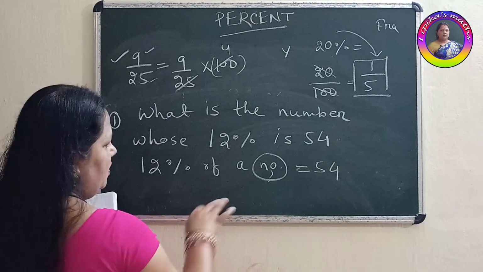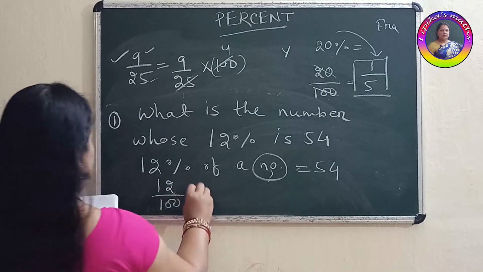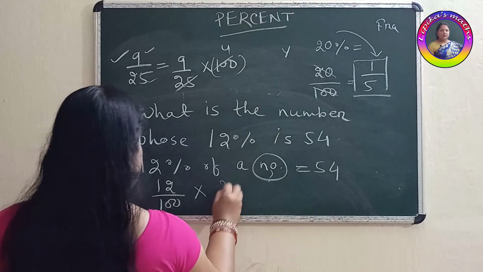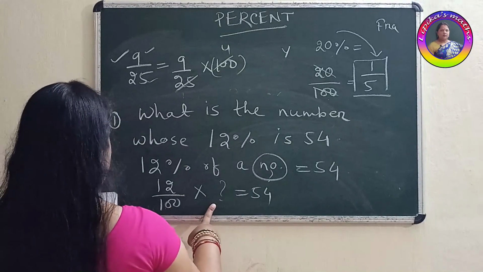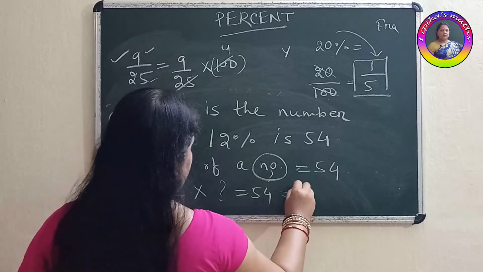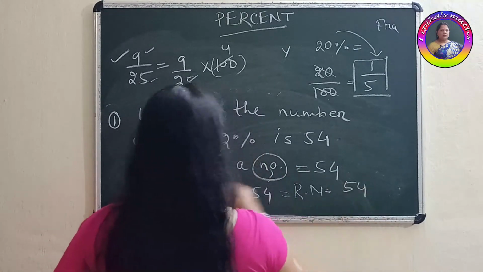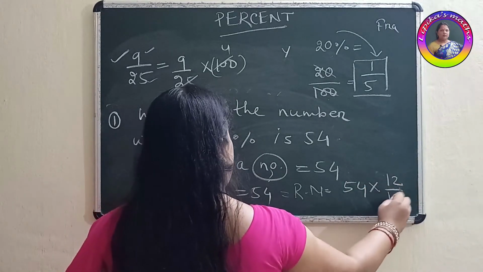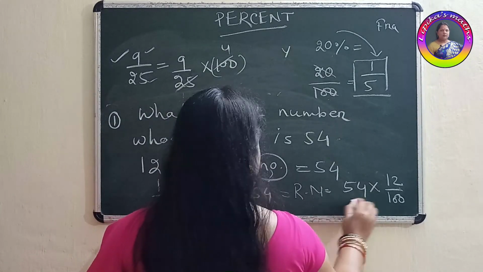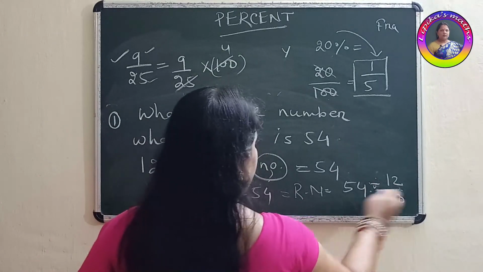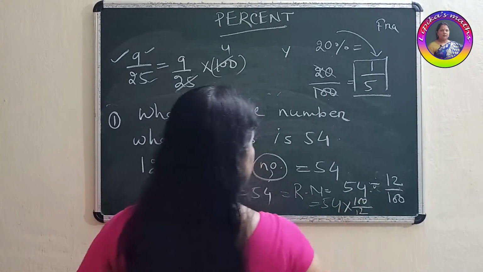So "of" means what? You need to multiply here. So 12% as you know is 12 by 100. Clear? Multiplied by the required number, question mark, equal to 54. Then how to find out this required number? So write here, required number equals 54 divided by 12 by 100, equal to 54 multiplied by 100 by 12.